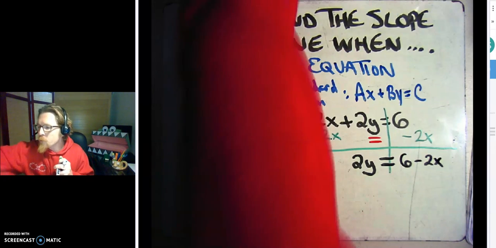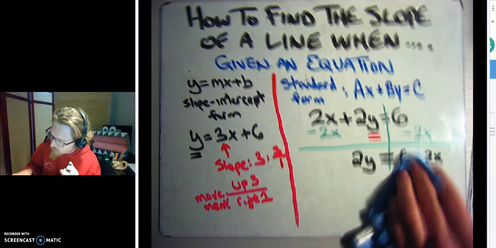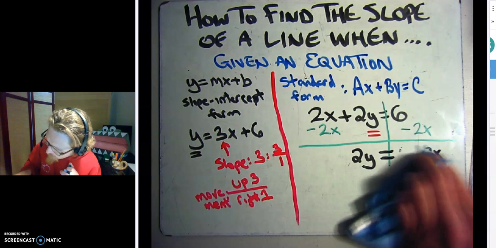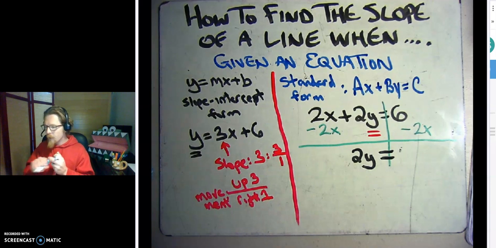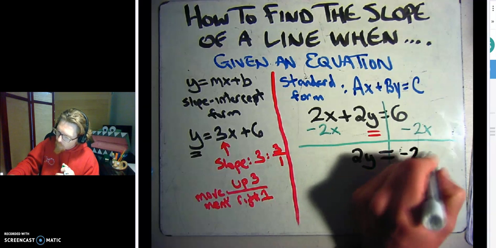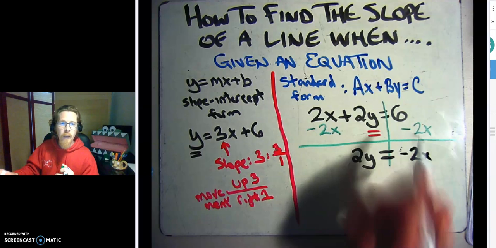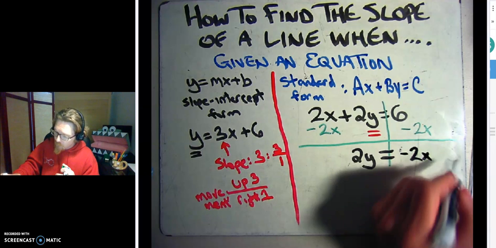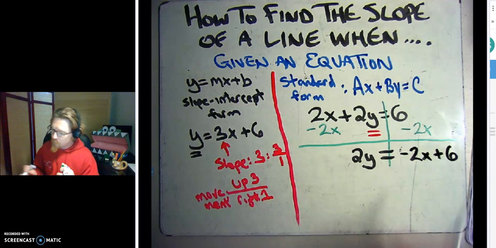So I'll write negative 2x, and the 6 is a positive 6, so I'll write plus 6.